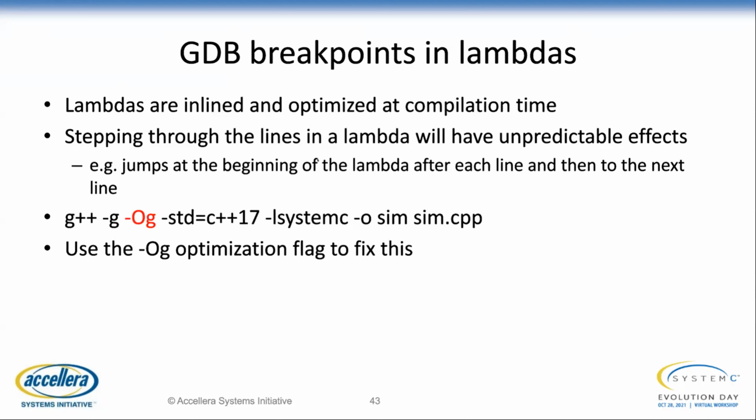It jumps to the beginning of the lambda and then to the next line, and then again to the beginning and then the next line, which was very confusing. I found out that if you give this flag, -Og, that's going to be fixed. So you can step normally through the lines of a lambda.